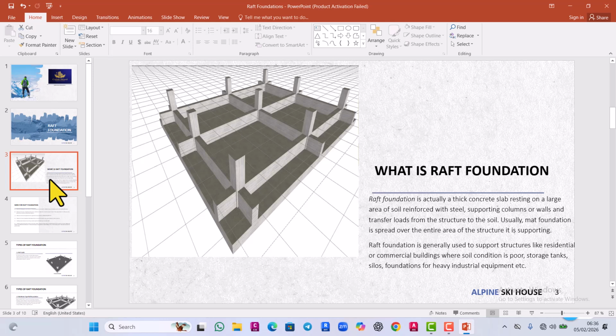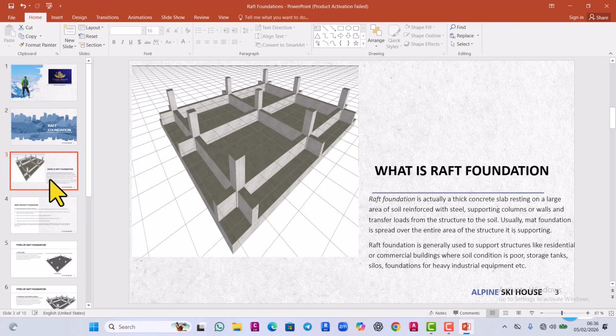That is one major part of the Raft Foundation. The thick concrete slab resting on a large area of soil, reinforced with concrete, supporting columns and walls, transferring the load of the structure to the soil.